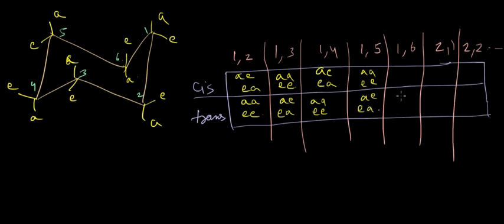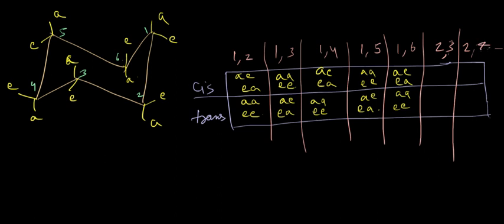For 1 comma 6, let's say directly jump to 2 comma 3 here and 2 comma 4 maybe here.